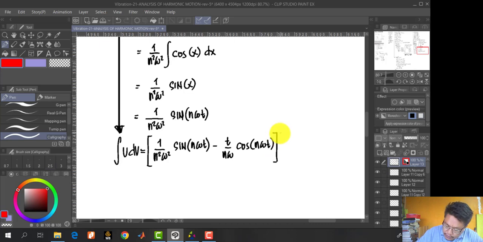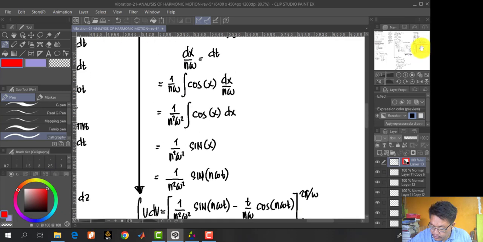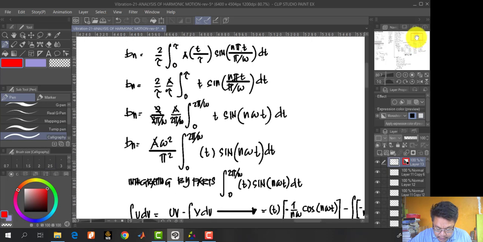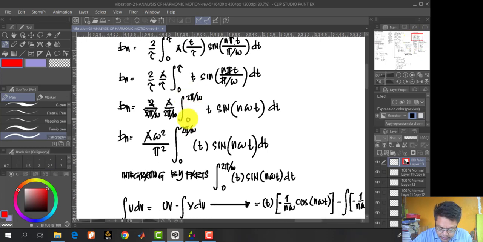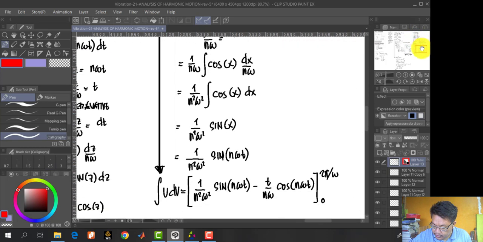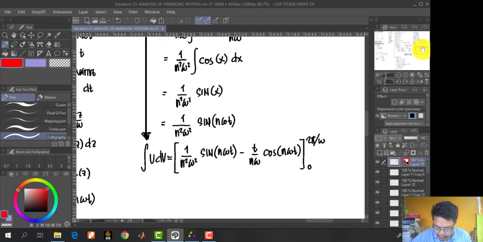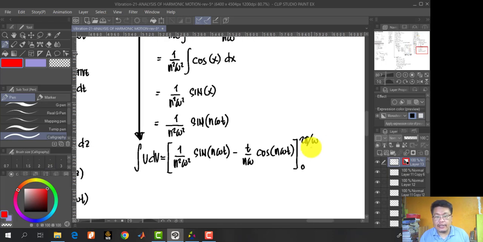That will be 2 pi over angular velocity and 0. Remembering our boundaries, don't forget about them. We integrated all of these by means of parts, but the boundary is still there, from 0 to 2 pi over angular velocity.